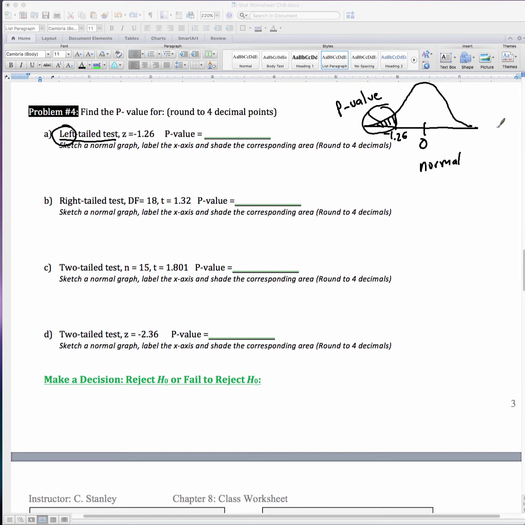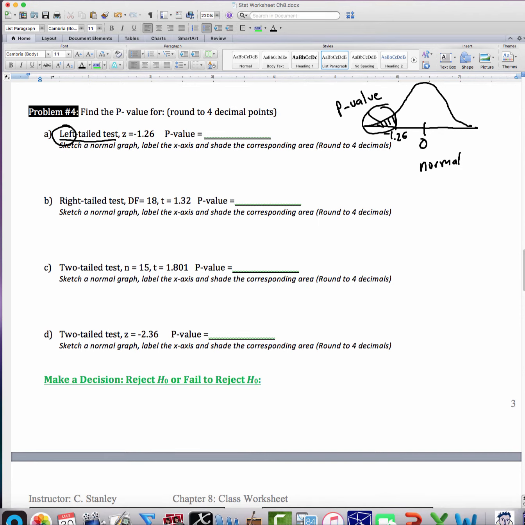So all we have to do is open up StatCrunch and go to Stat, Calculators, Normal. It's already defaulted on 0 and 1. I'm already at less than, so all I have to do is put in negative 1.26 and compute. And that's it right there.